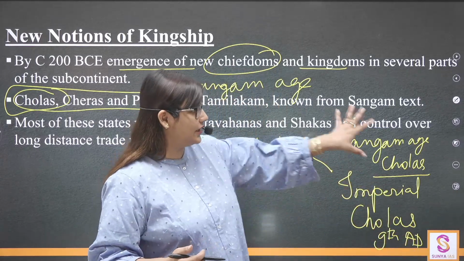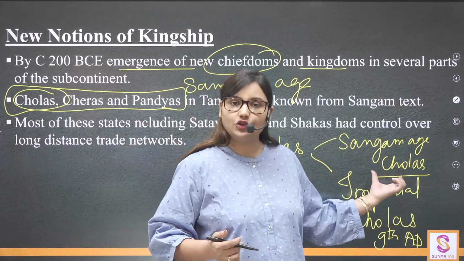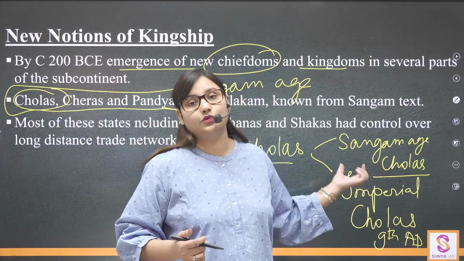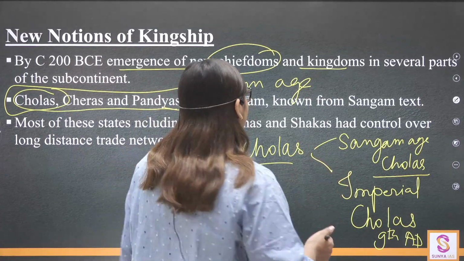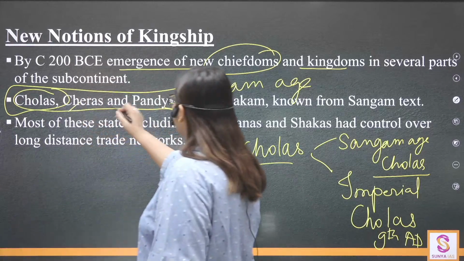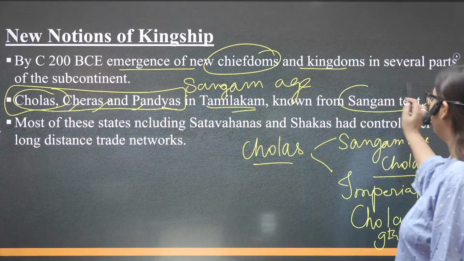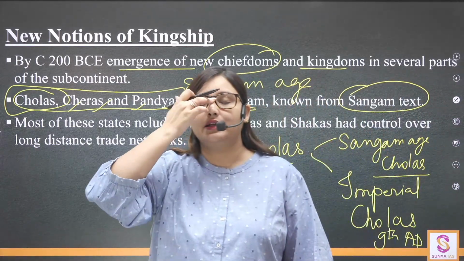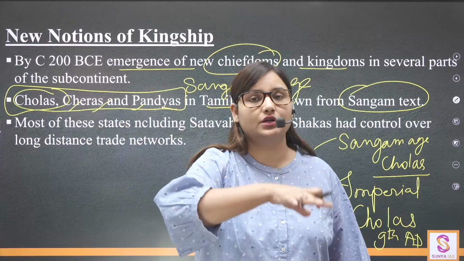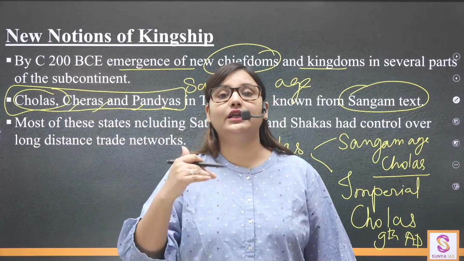So first the Sangam age and Sangam Cholas will be covered, and with these Cholas, Cheras and Pandyas were contemporary kingdoms at that time. This Chola, Chera, Pandya in Tamilakam is known from a Sangam text. In the Sangam age, which is from 3rd century BC to 3rd century AD, we saw 3 Sangams.